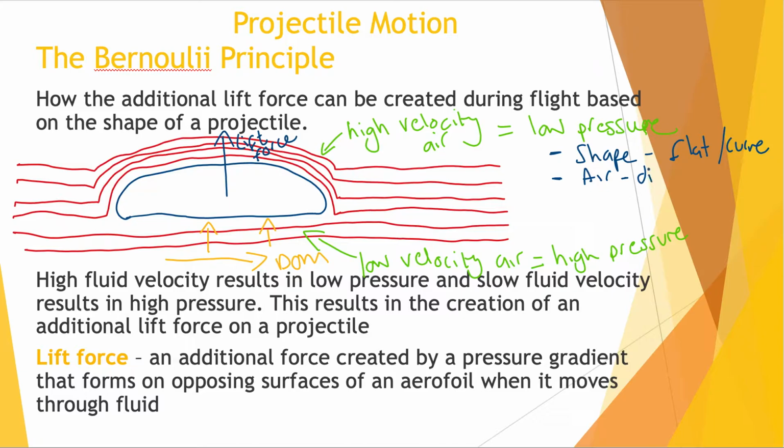So it's talking about the distance that the air has to travel, and therefore the velocity of that air. So this air that's travelling over the curved side travels a far distance and therefore needs a high velocity. The air that travels around the flat side travels a low distance comparatively and has a comparatively low velocity. We then talk about air pressure.